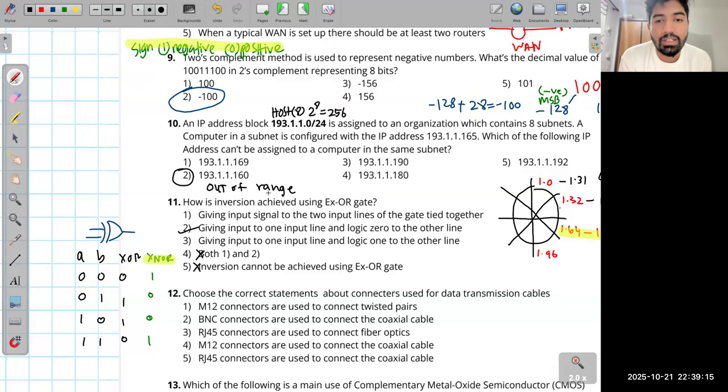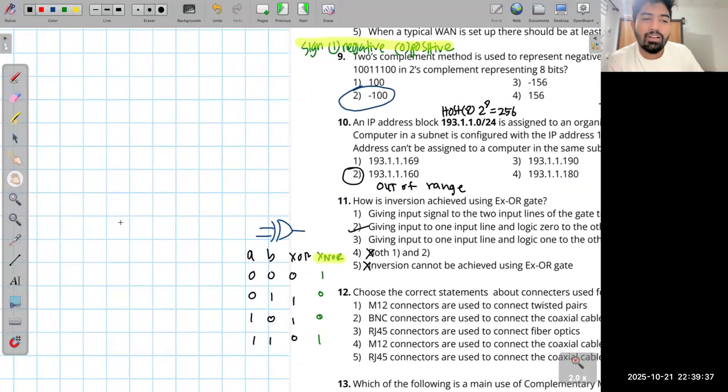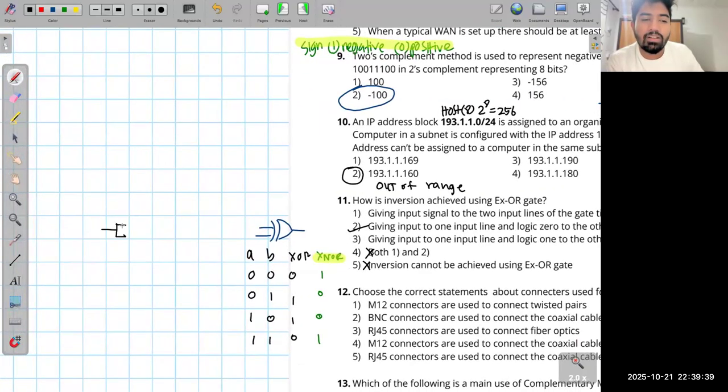If you want to get the inversion, giving the input to the two input lines tied together.